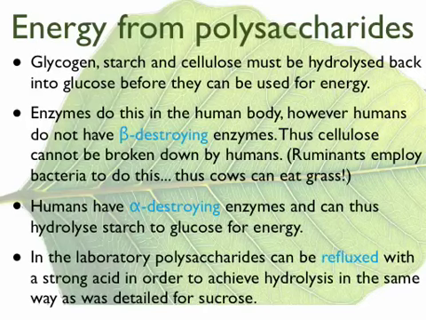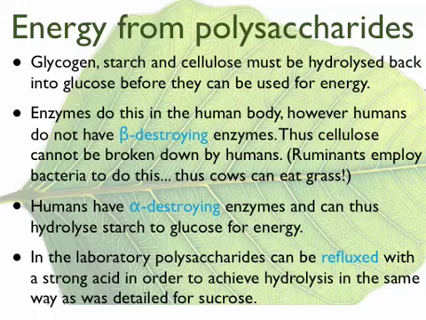Finally, energy from polysaccharides. We see that glycogen, starch and cellulose must be hydrolyzed back into glucose before they can be used for energy. Now, enzymes do this in the human body, but humans don't have the ability to destroy beta linkages. We don't have the enzymes necessary. Therefore, cellulose can't be broken down by humans. So if we consume cellulose, it will simply pass through our gastrointestinal tract and leave our body as a solid stool.